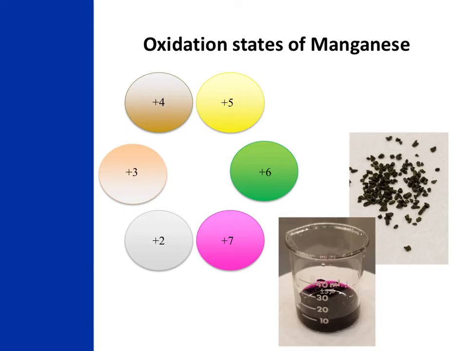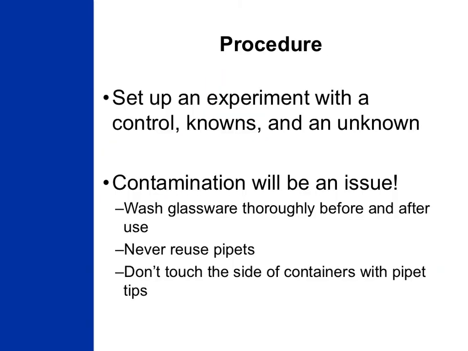So in lab, we're going to set up an experiment and test a series of known solutions that we know what they are and see how they behave. And we're going to compare that with a control solution and an unknown. One of the things to be aware of with this lab is that contamination is going to be an issue. So you need to make sure that you wash your glassware thoroughly, both before and after use.